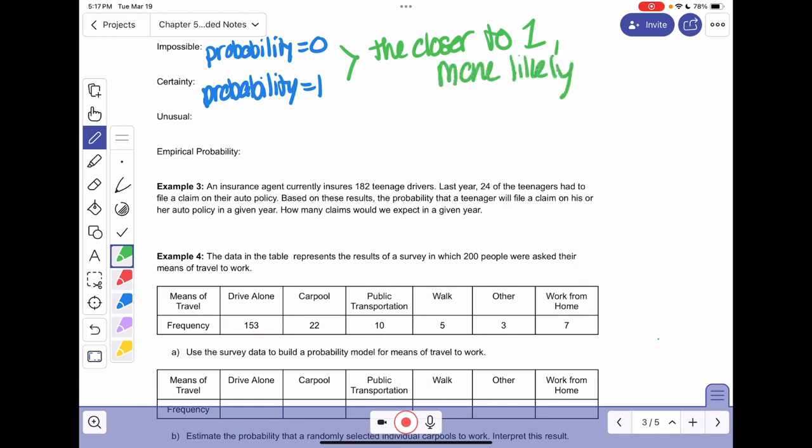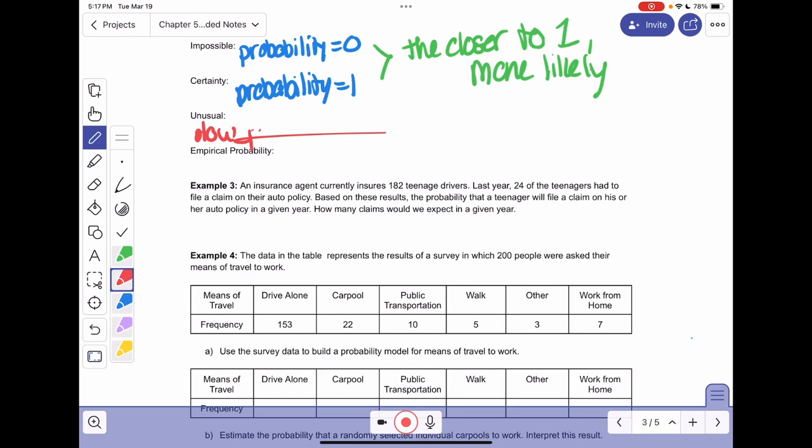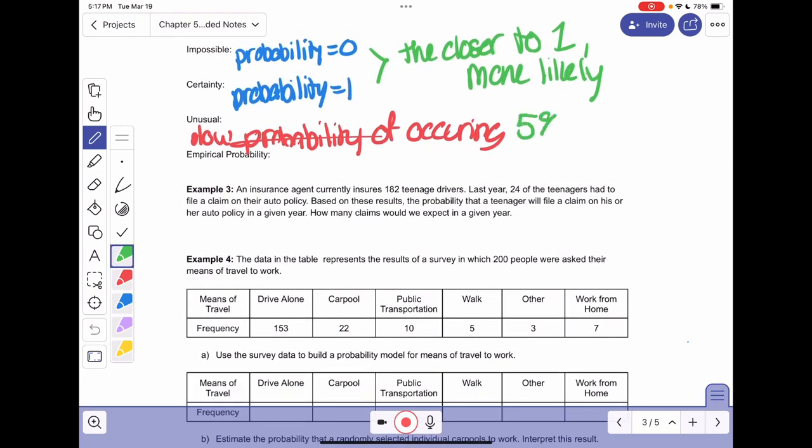Closer to 0, the less likely. Unusual events have a low probability of occurring. And unless you're told otherwise, we use 5% as that standard. So if it's less than 5%, we say it's unusual unless you're told otherwise.